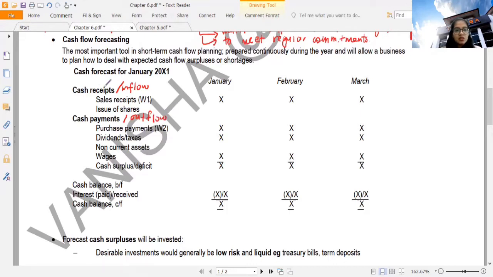Your cash receipts, or your cash inflow, can be sales, or the issue of shares. Why issue of shares? Because when you issue shares, the investor will pay you money, so you get the cash inflow to your organization. Your cash payments include purchases, taxes, dividends, any form of cash outflow. You cannot include non-cash items. So please write here: exclude all non-cash items.